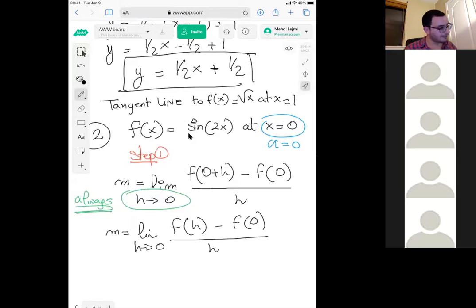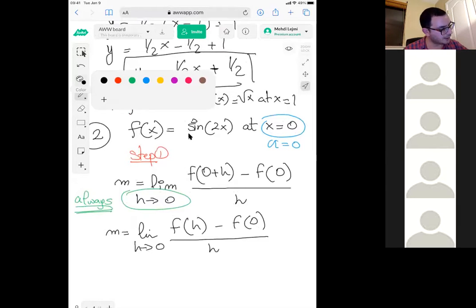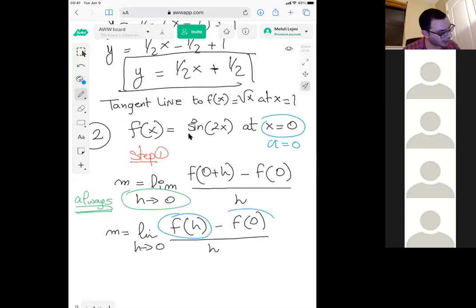So we need to find f of h and f of 0. First, f of x is sine of 2x. So if you want to compute f of h, instead of x we're going to have h.